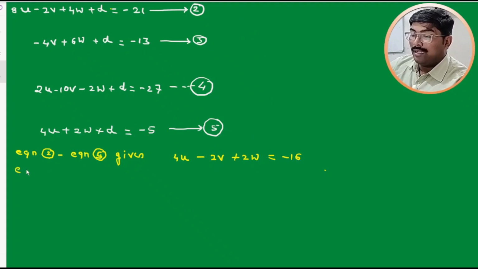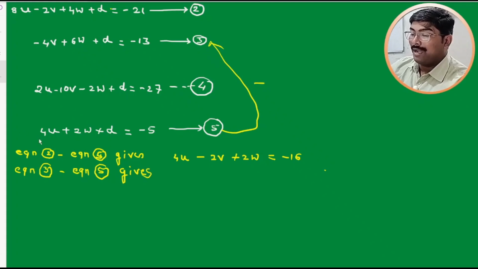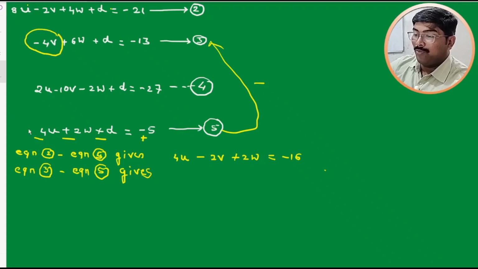Similarly, now we can write equation 3 minus equation 5 gives. So you have to subtract equation 5 from equation 3, means you have to subtract minus sign. The sign changes for equation number 5. Here we can write minus and here we can write plus. And now we have equation 3 minus equation 5 means minus 4v, and here we are having minus 4u.